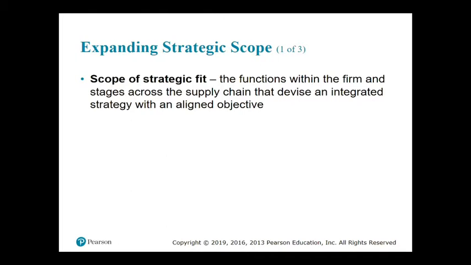On the other extreme, everyone in the supply chain will talk about matching the whole supply chain strategy with the entire uncertainty faced by the supply chain. And of course, the broader the scope, the better the performance of the supply chain, and the more challenge there is to enforce the strategic fit.